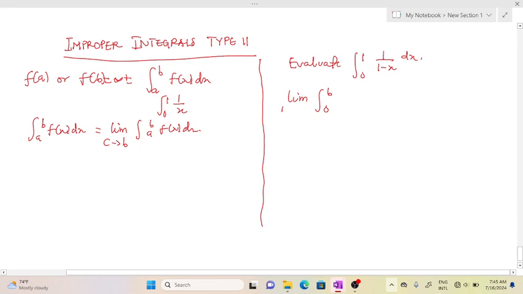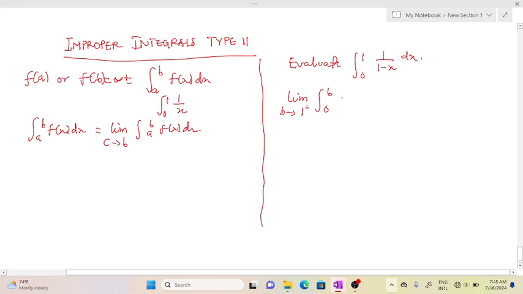So I'll have as b approaches 1. And normally, since 1 is at the upper limit, we take the left side of it. So we say that it is left discontinuous. So we take the limit as b approaches 1 minus.